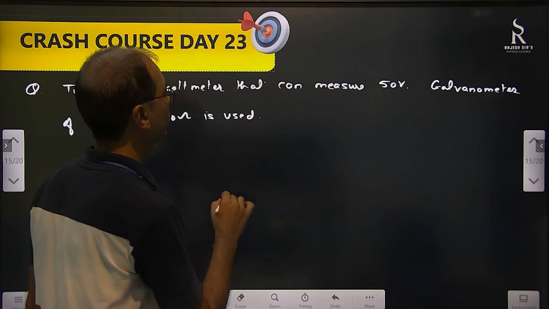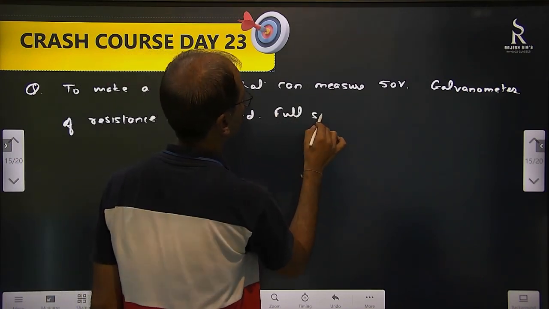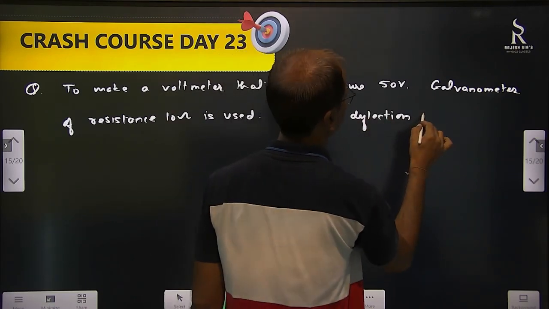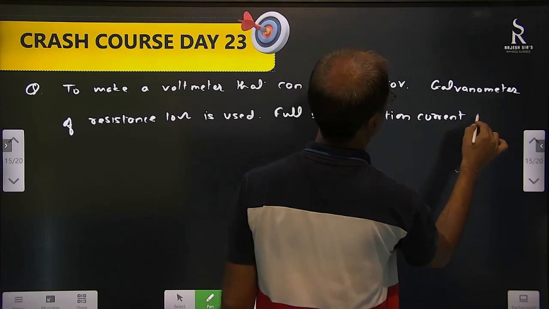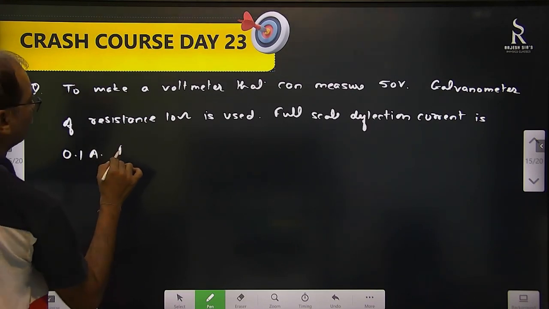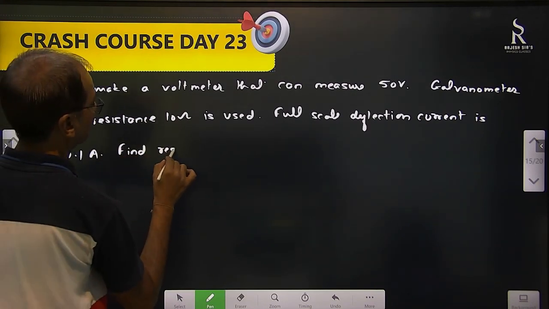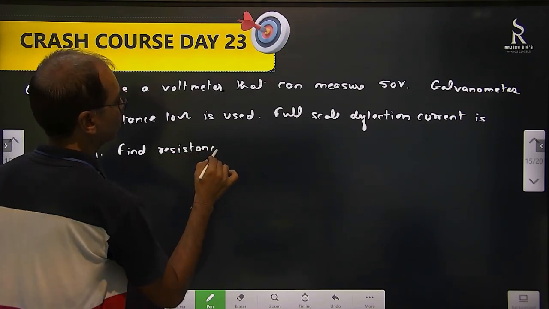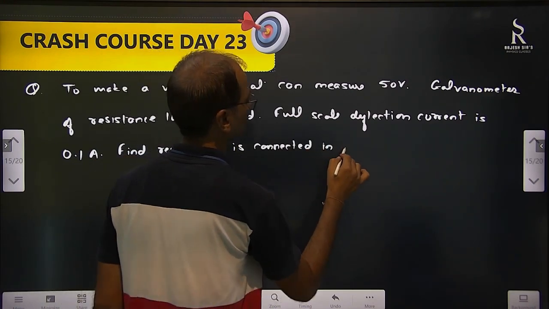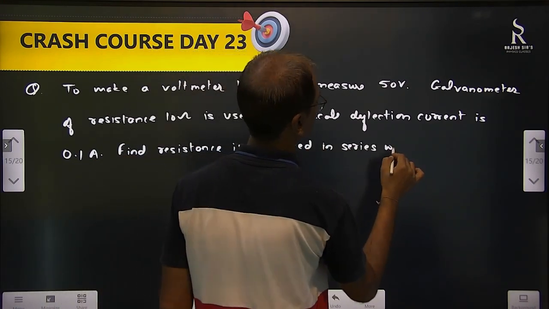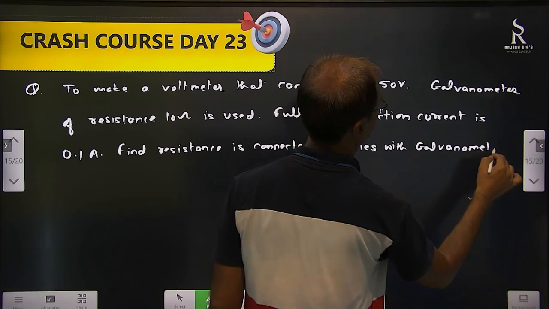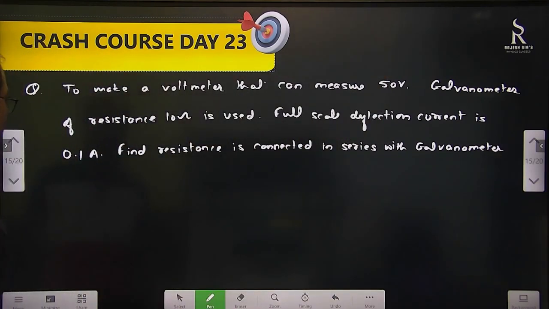Full scale deflection current is 0.1 ampere. Find what resistance is connected in series with galvanometer for this purpose.